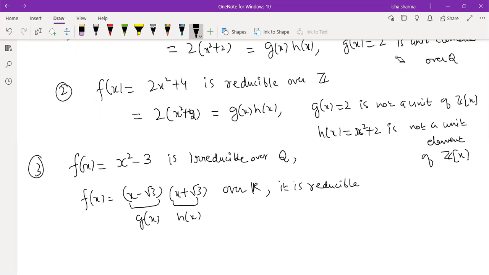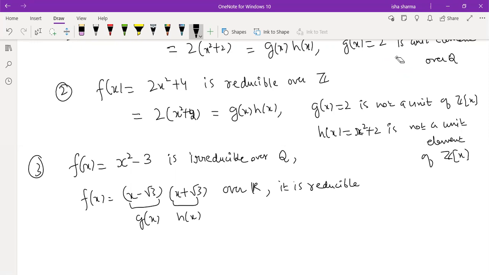So we should have some results and mathematical ways of identifying whether a given polynomial is reducible or irreducible, because this applies to most concepts of mathematics, be it pure or applied: the definitions which define certain concepts are not practical.